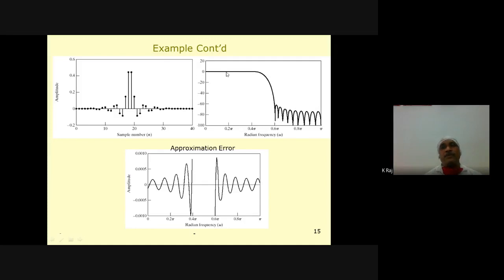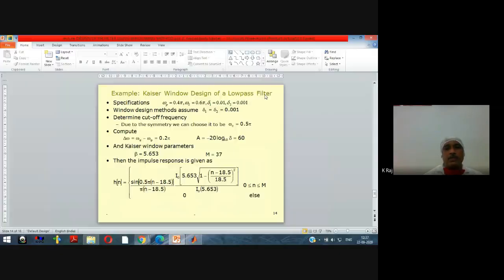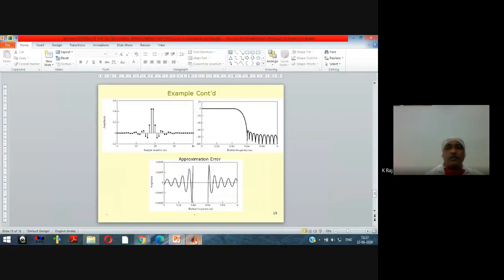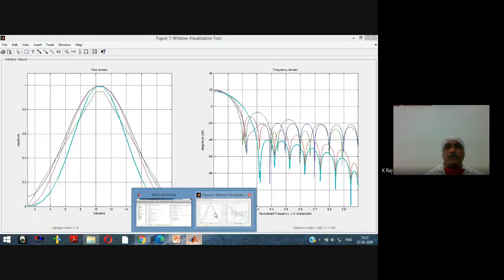If any modification is required, then accordingly we will go to the previous steps and modify the parameters, and we will try to achieve the required amplitude response. So this is about designing the filter using the Kaiser window, and we have also discussed how the different types of windows are compared.